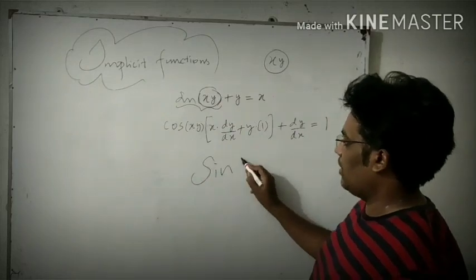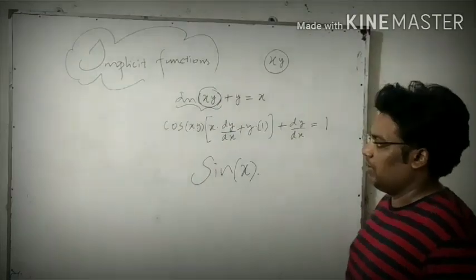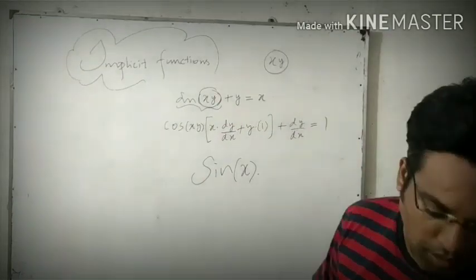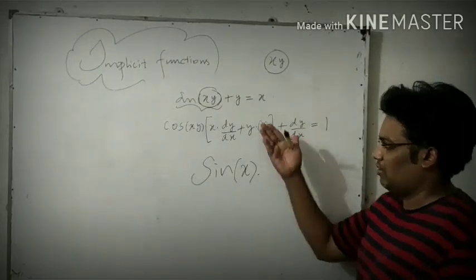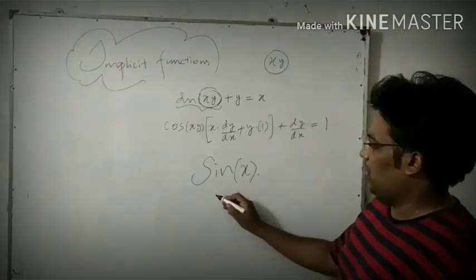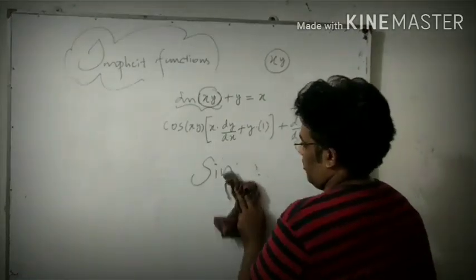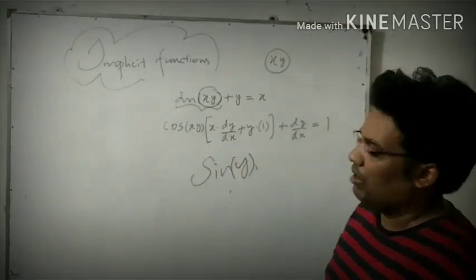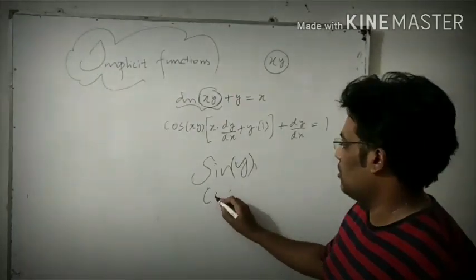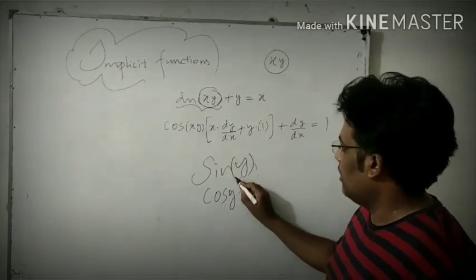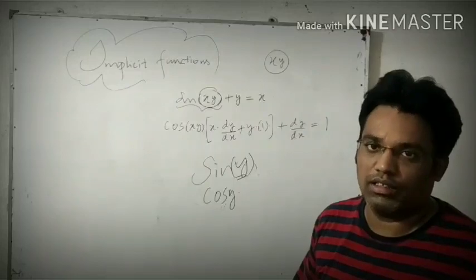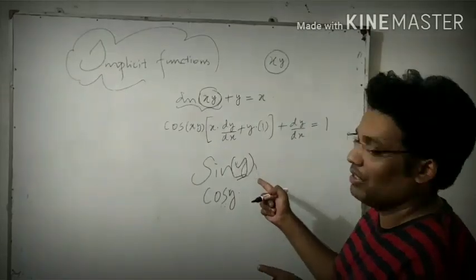So once again I'm just repeating this part. Let me just take a few simple problems and then feed into this. Differentiation of sine x is cos x. In the same way, differentiation of sine y is cos y, but the inner part is now y, not x.